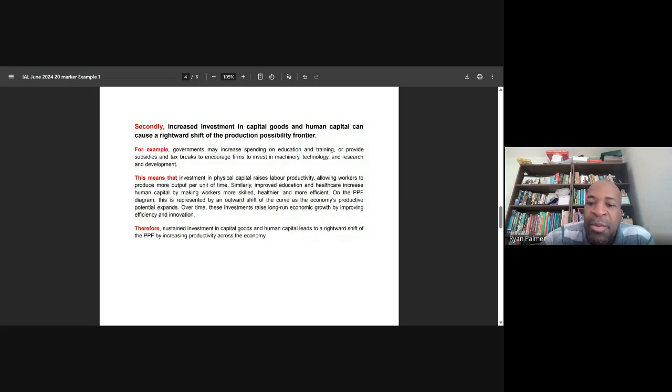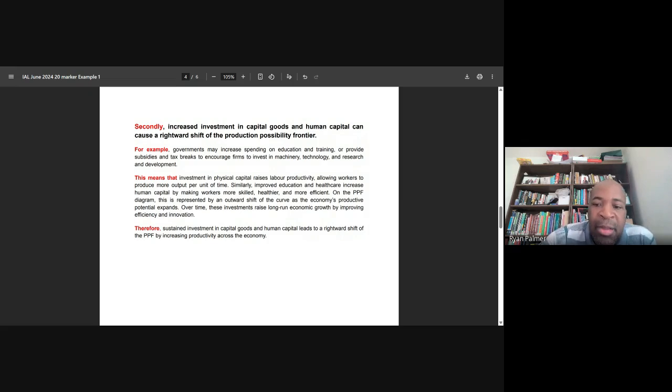So we have government intervention causing improvement in labor productivity and improvement in the quality of capital. And this improvement in labor productivity means that workers are able to produce more per unit of time, per unit of resource, and consequently the PPF will shift outward.